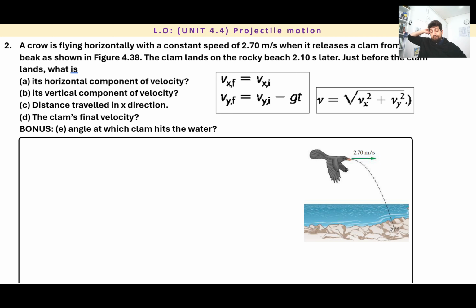Next question. A crow is flying horizontally with a constant speed of 2.7 meters per second when it releases a clam. This is a clam.